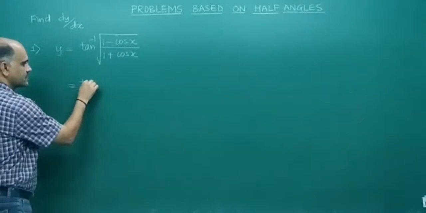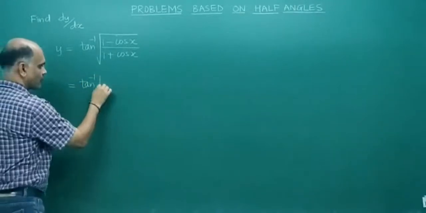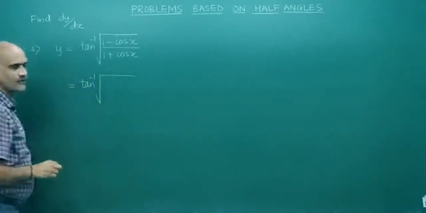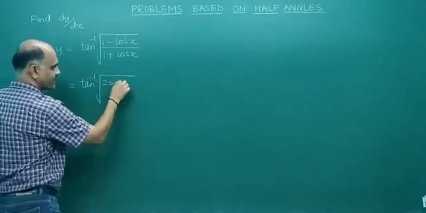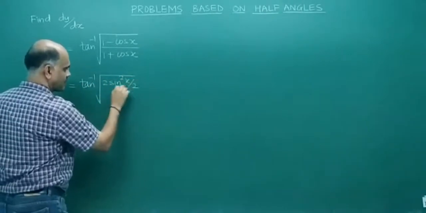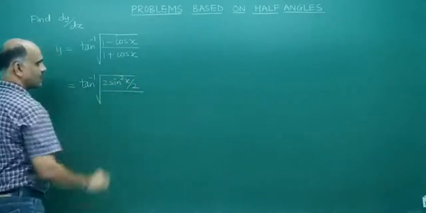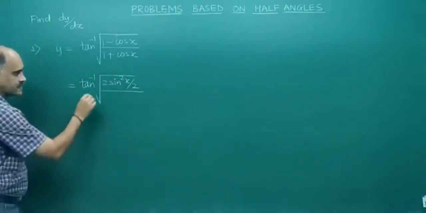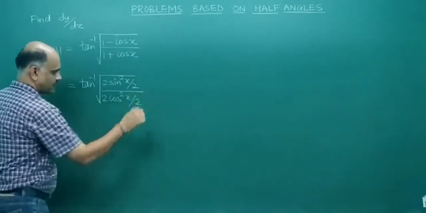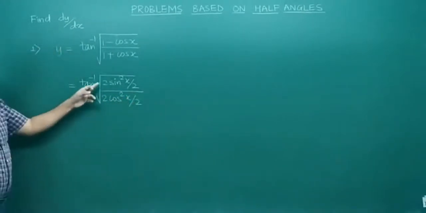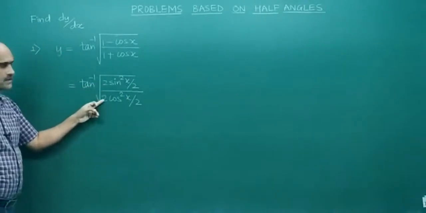So if I apply half angle formula, tan inverse root of 1 minus cos x is 2 sin square x by 2 and 1 plus cos x is 2 cos square x by 2. So 2 gets cancelled.